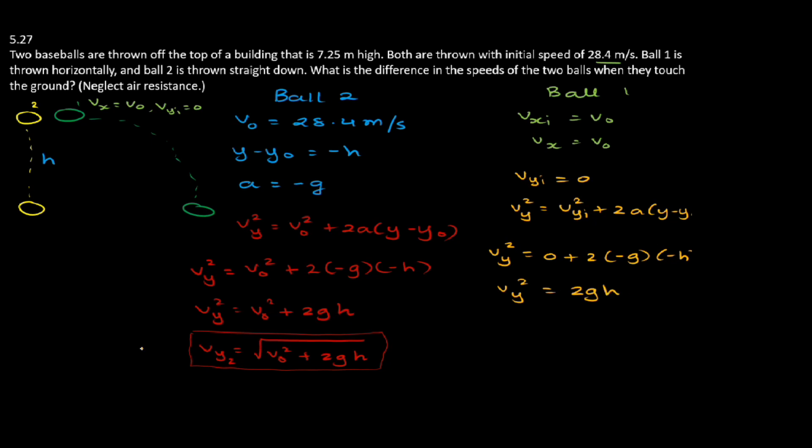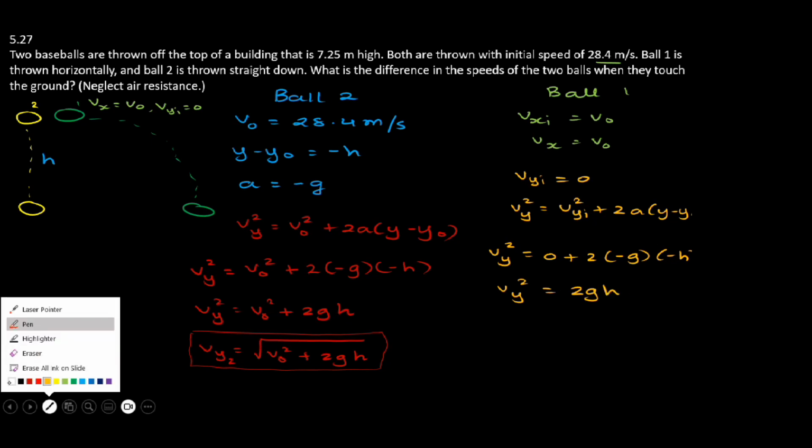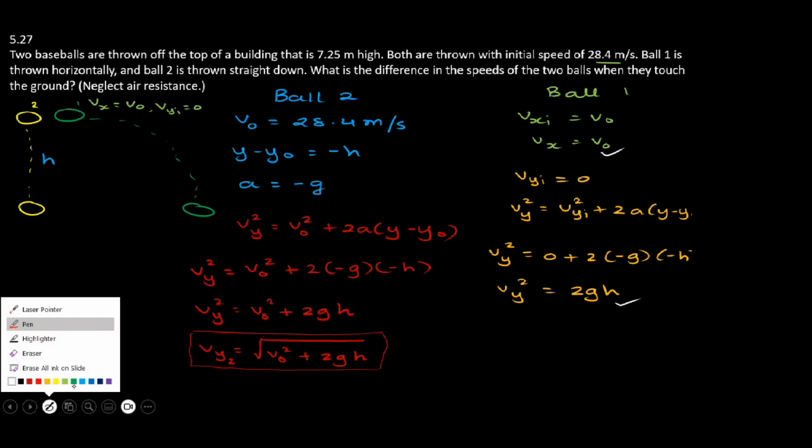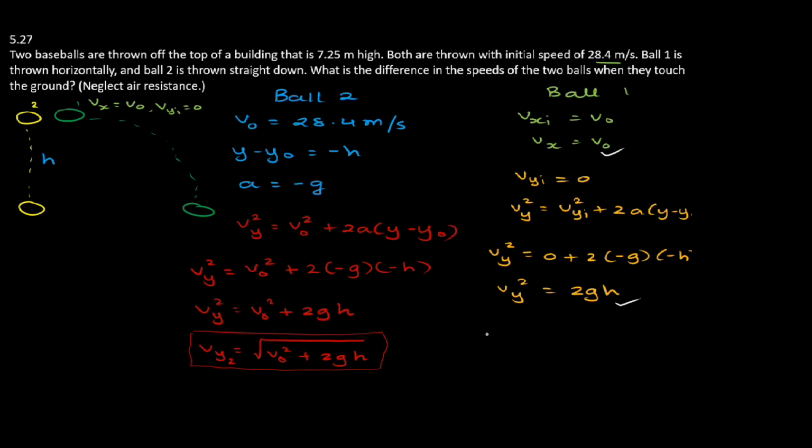Now I have the x component of velocity and I have the y component of velocity. To find the final total velocity, I have to use the Pythagorean theorem because we have two components here. So my final velocity V for ball 2, sorry, ball 1, let me erase that.